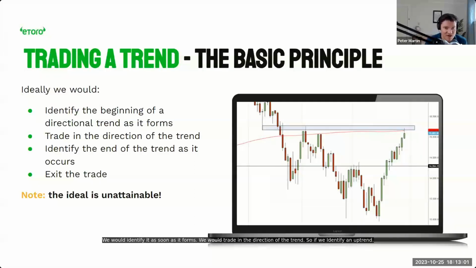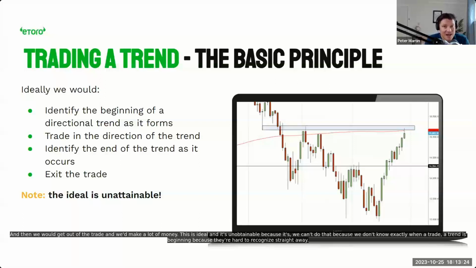If we identify an uptrend, we would buy the market. If we identify a downtrend, we would sell the market, and then we would ride the trend. We'd stick with that trade as long as the trend persists. And then in an ideal world, we would identify the exact end of the trend as soon as it occurs, get out of the trade, and make a lot of money.